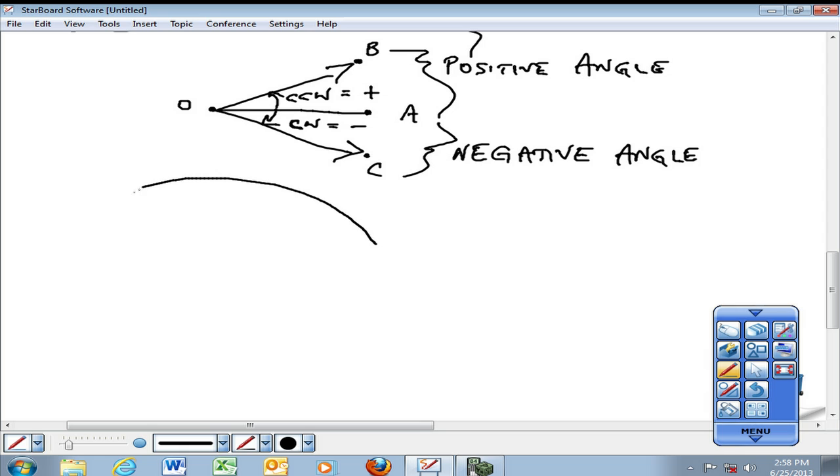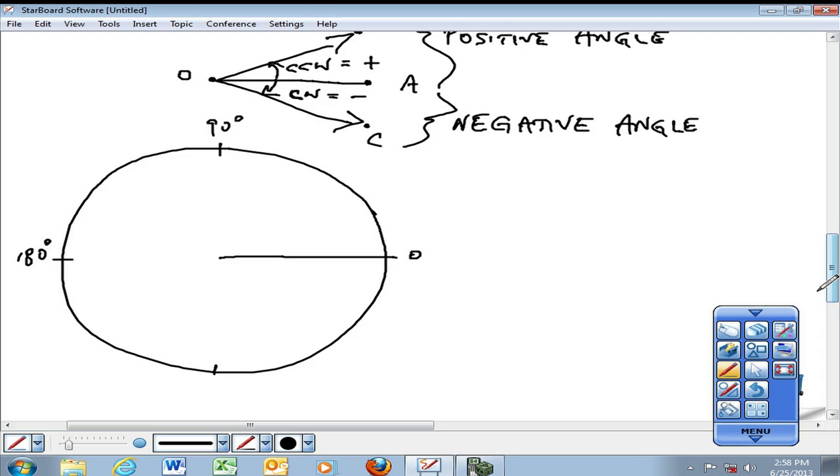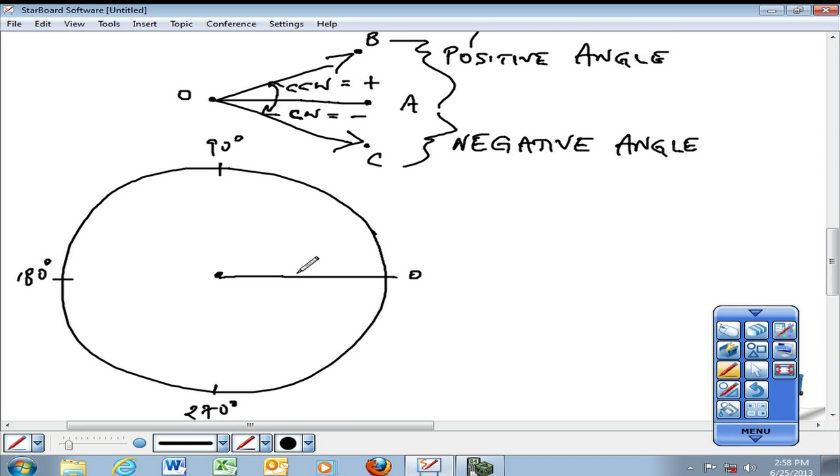I'm just going to draw a big old circle here so you can see what's going on. Let's say we've got 0, and we have 90 degrees, 180, bring this down just a hair, 270. From this point, what kind of angles am I carving out?